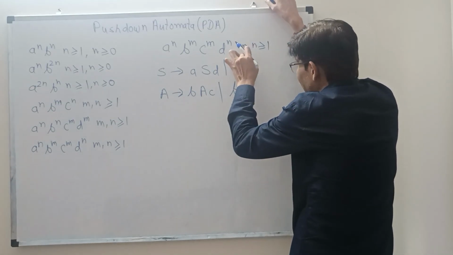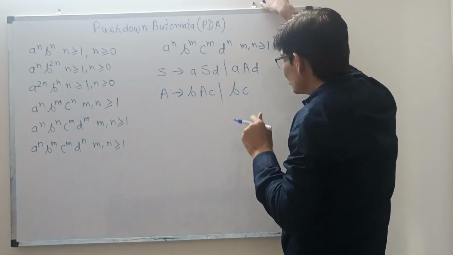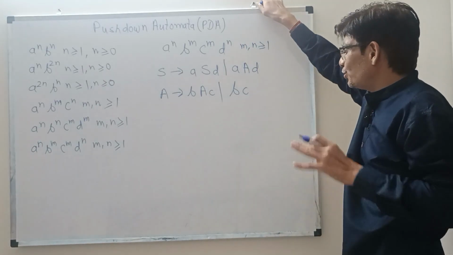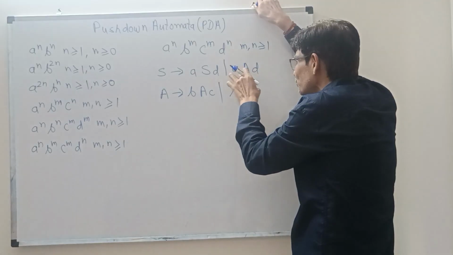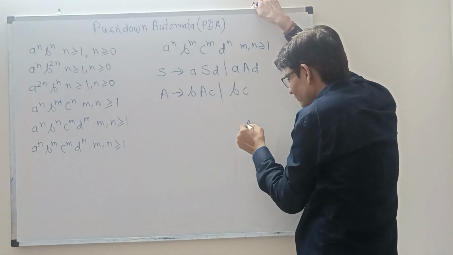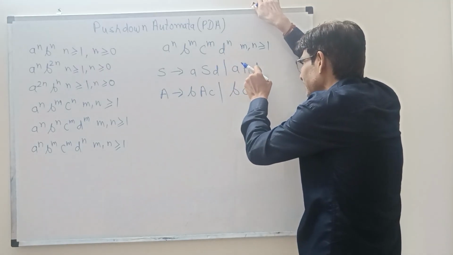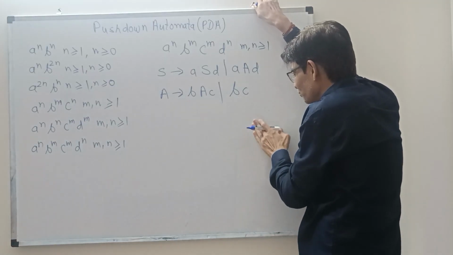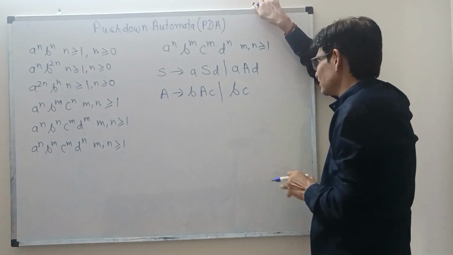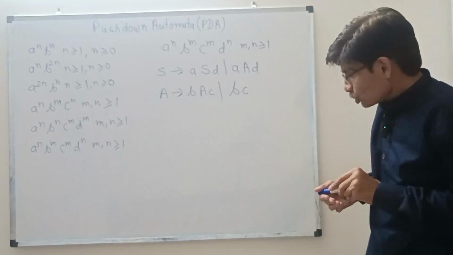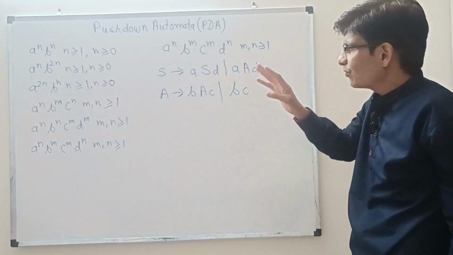Now if you have m greater than or equal to 1 and n greater than or equal to 0, then in this case you can replace this production with single A only, so that you will not create any occurrence of A and D. In this way, you can control the number of occurrences of A, B, C, and D. So this is how you can create the corresponding context-free grammar for any language.